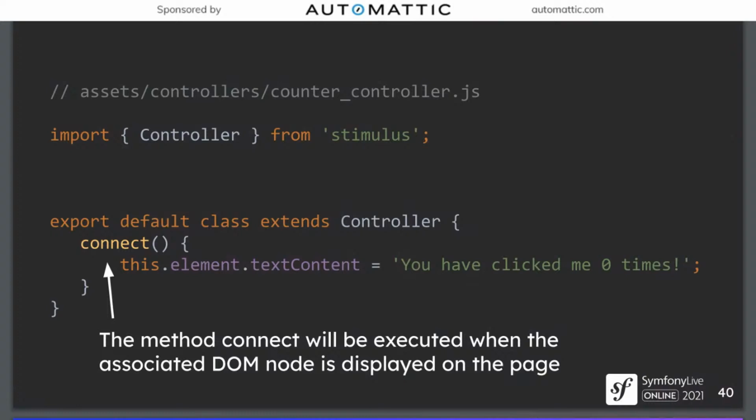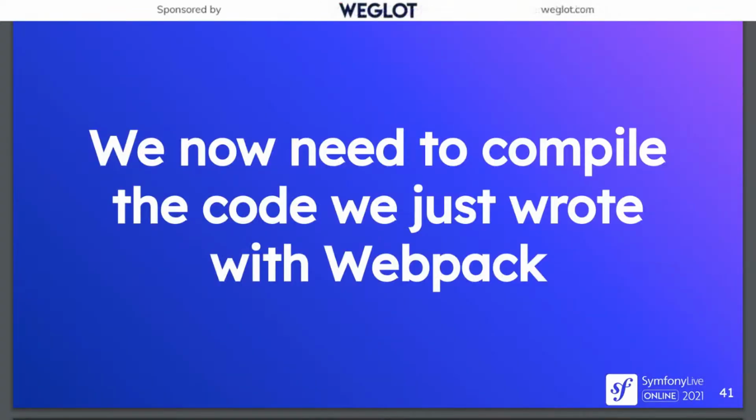Now we are able to do so using the connect method. Note here that this.element is a specific notation of Stimulus. This.element is a reference to the DOM node on which we attach this controller.